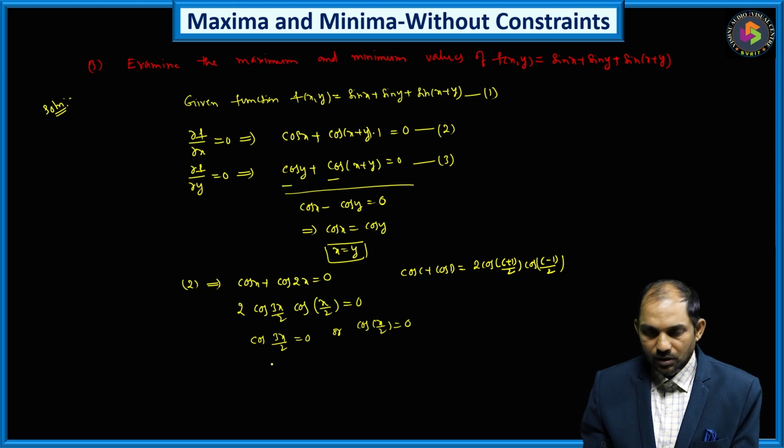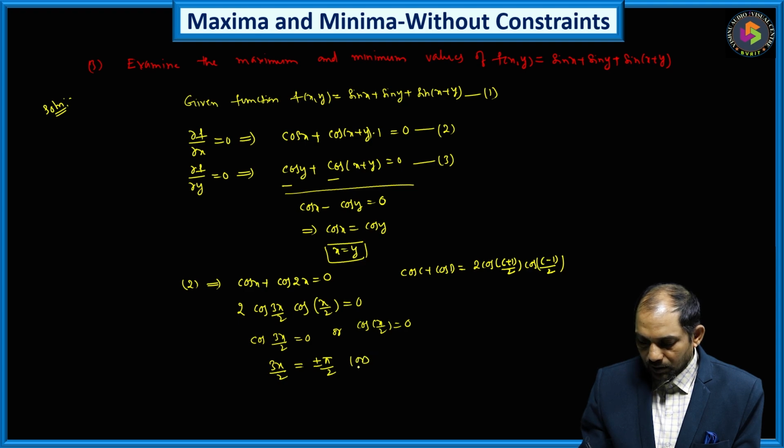Cos is 0 only when theta is plus or minus pi by 2. Then we have 3x by 2 equal to plus or minus pi by 2, and also x by 2 equal to plus or minus pi by 2.